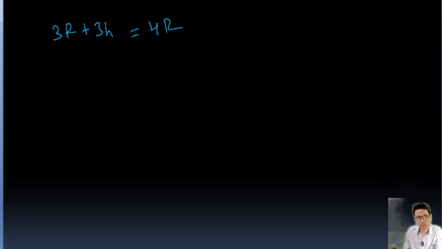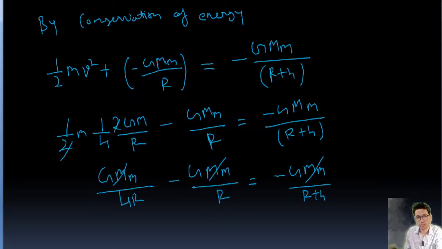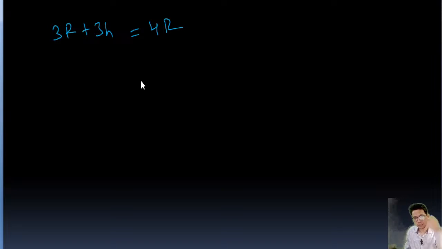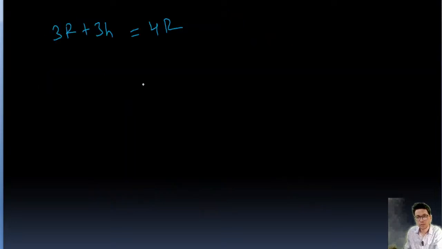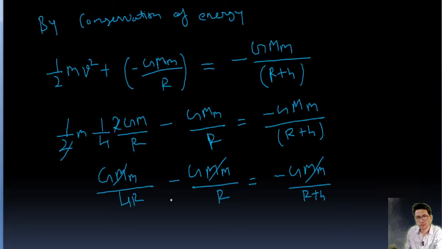So 3R plus 3H upon 4R, because this value is going to be 3 upon 4R. This minus will get cancelled.